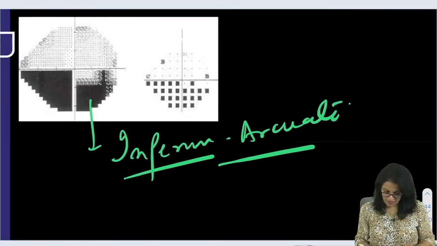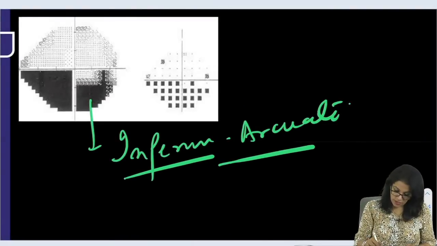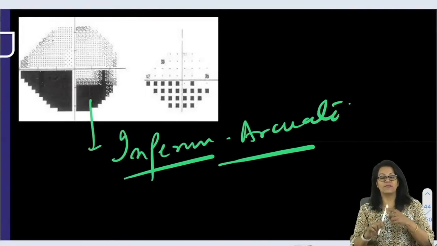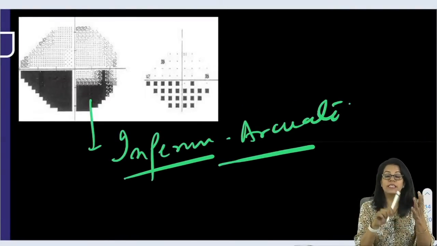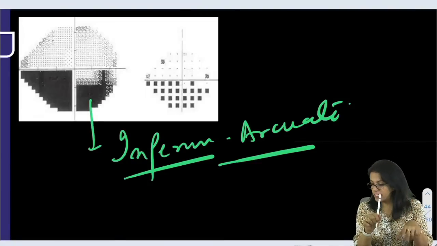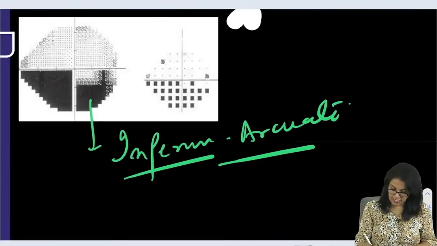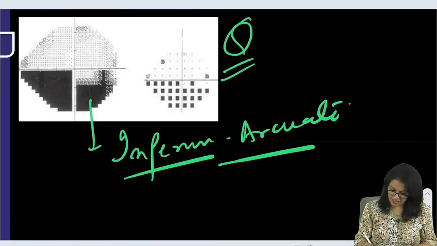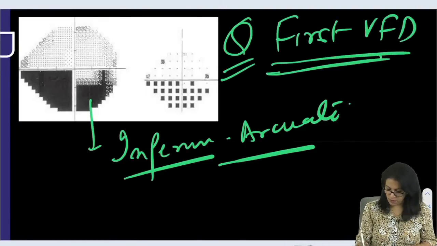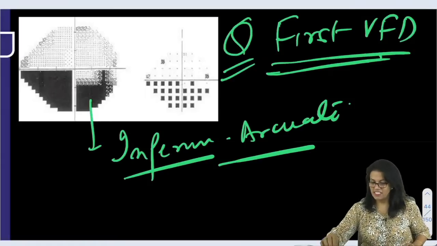At this point I included this slide so that I am reminded of telling you your question: which is the first visual field defect in primary open angle glaucoma? What will you answer? What is the answer for the first visual field defect? All of you answer me this because it's a very important question. I will not answer, you will answer. Tell me.